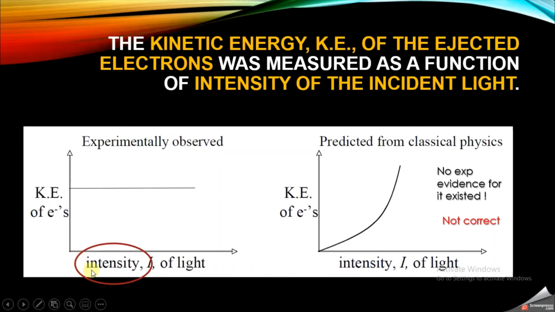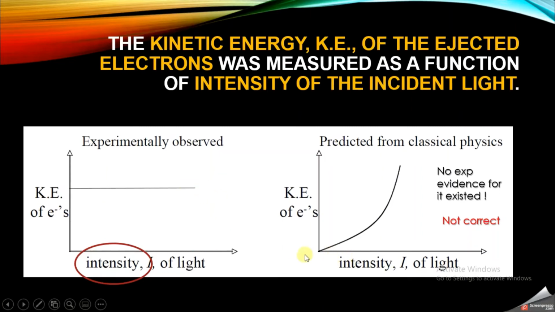When we have bright light, the intensity is higher, but the frequency of the blue light remains the same. According to this experiment, when the intensity of the light was varied, there is no relationship. The energy of the electrons remains the same.